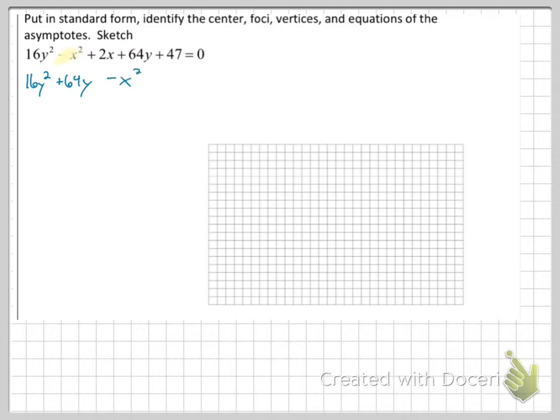Move your x's together, and then move the constant to the other side. Then, remember, it has coefficients, right? It's not a circle. There's a 16 that I need to factor out of my y's, so that gets factored out front. Luckily, that's easily divisible by 16. And then I will complete the square.